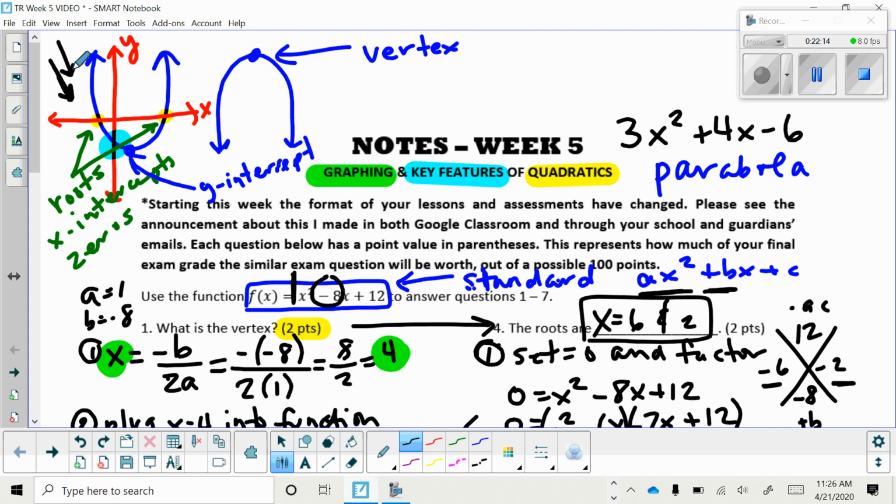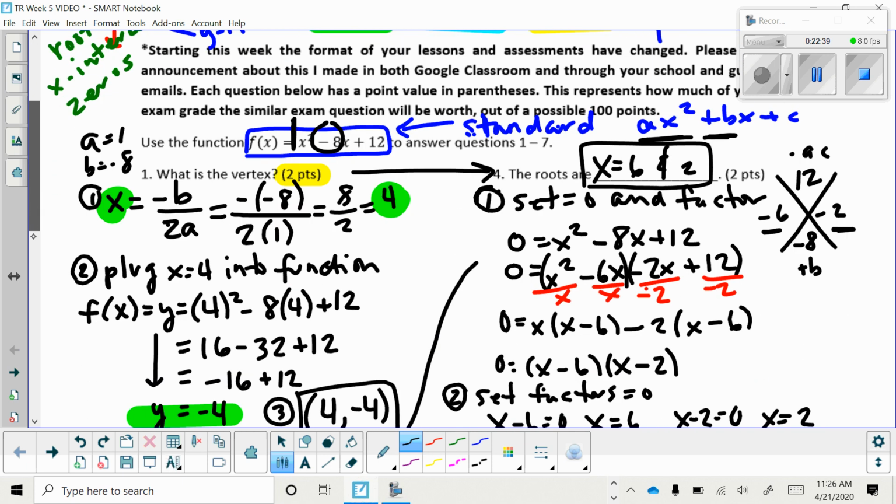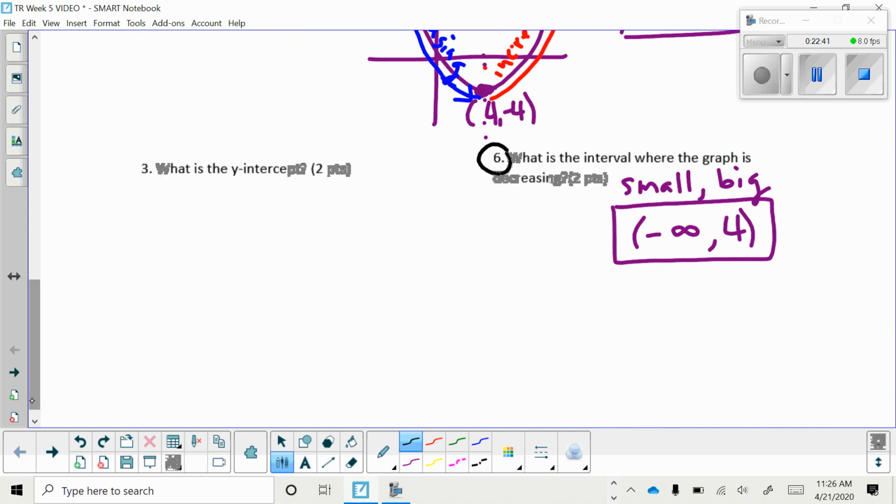The highlighted blue point where I said that that's where the blue graph intersects the red y-axis. That's your y-intercept. Well, what's true about the x value there at that point? What does x equal? It equals 0, right? So in order to find the y-intercept, you let x equal 0.